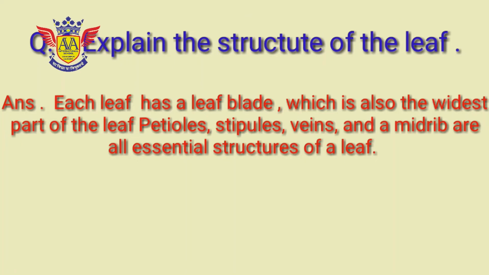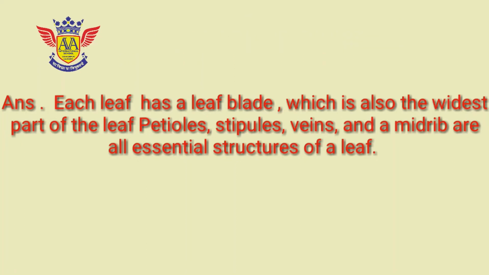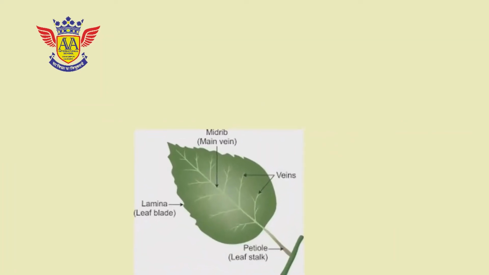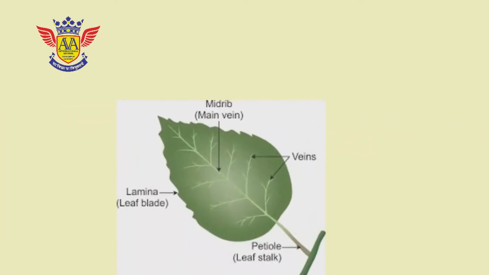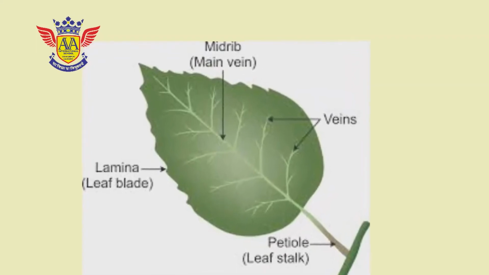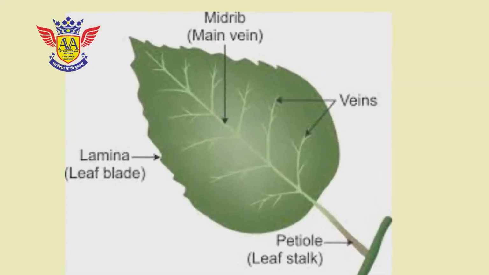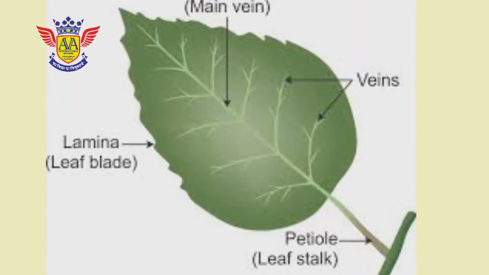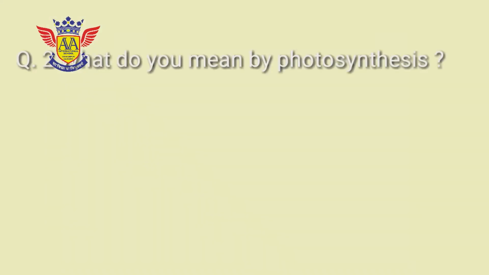You will write this answer in your notebook, and you also need to do an activity. Collect a dry leaf of any plant, paste it in your notebook and label the diagram with the help of a sketch pen as shown in the video. Do this activity after question number 1 in this answer.